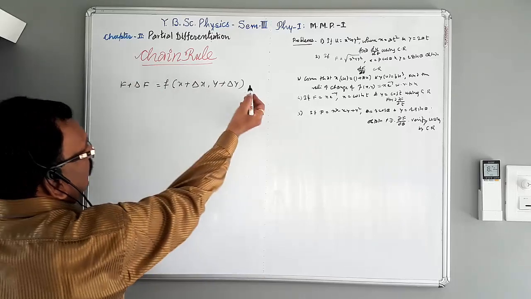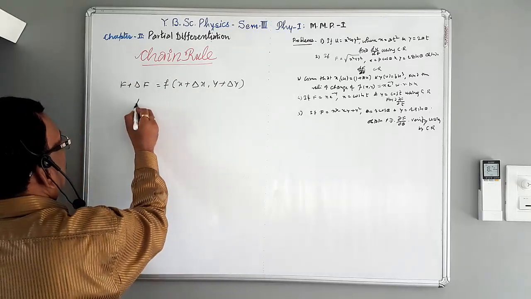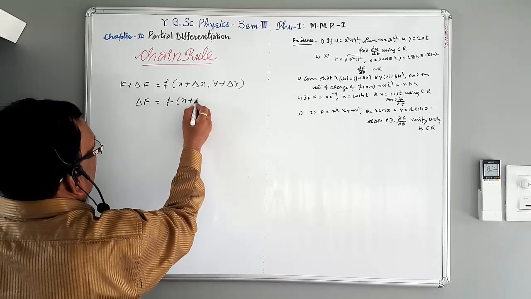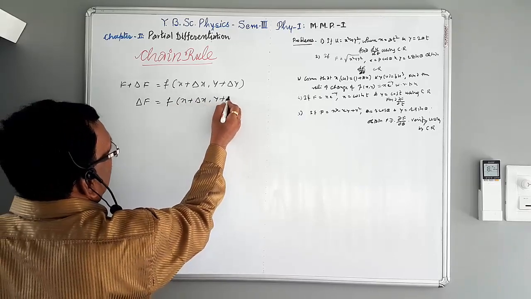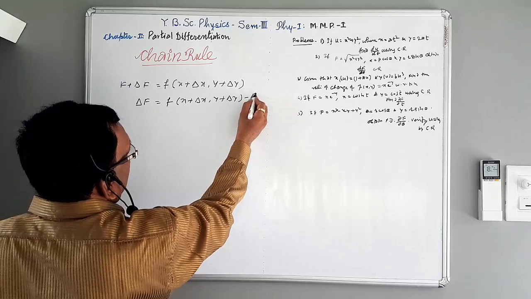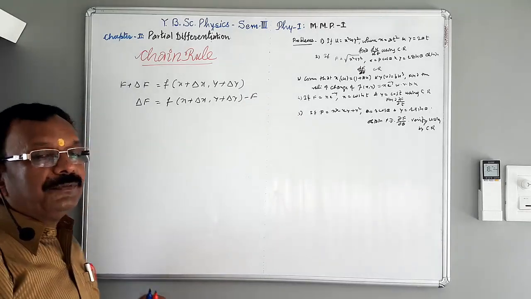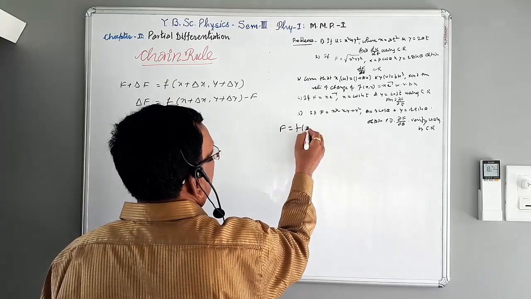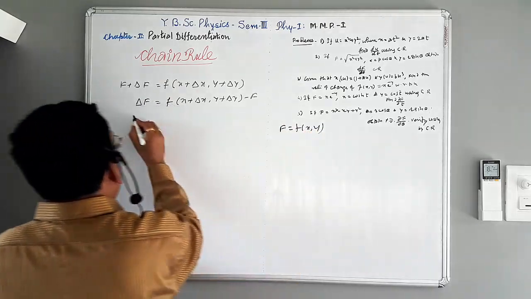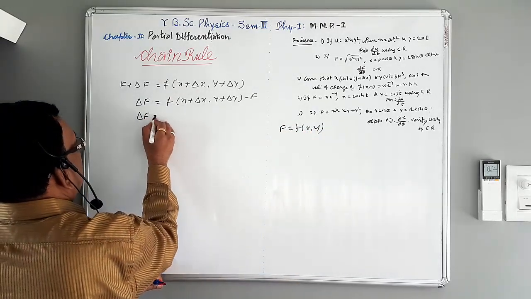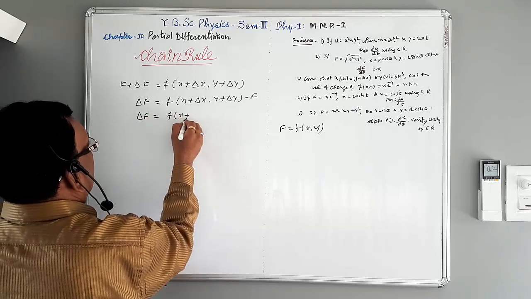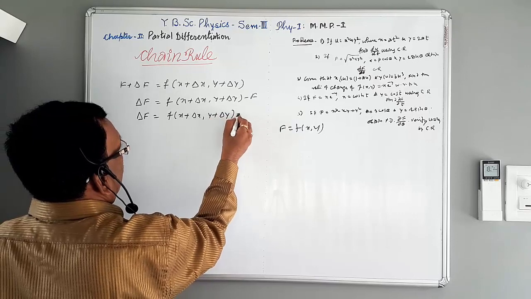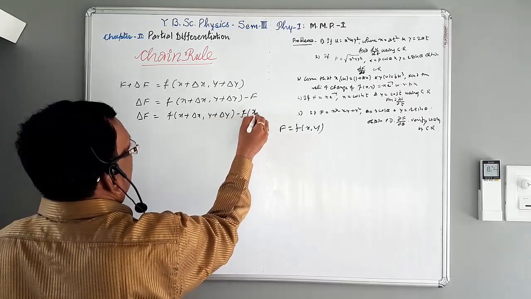Taking f to the right-hand side, we have delta f is equal to f of x plus delta x comma y plus delta y minus f. But f is a function of x, y and can be written f is equal to f of x, y. Therefore we can write delta f is equal to f of x plus delta x, y plus delta y minus f of x and y.